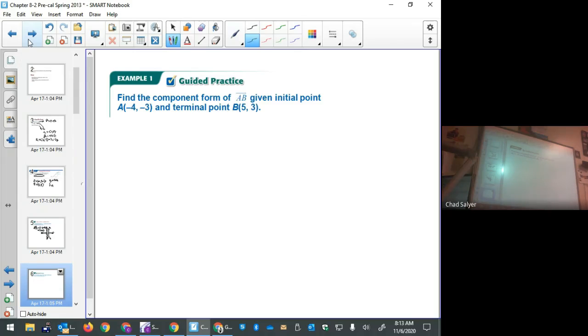Express this in component form, given those 2 points. Stop me if you get confused and raise your hand.